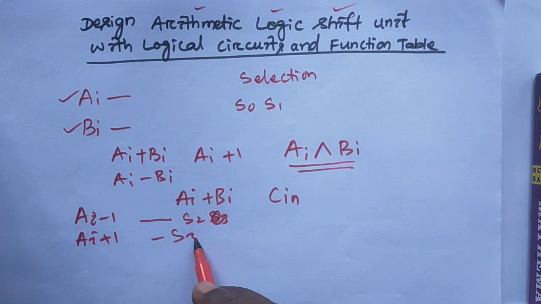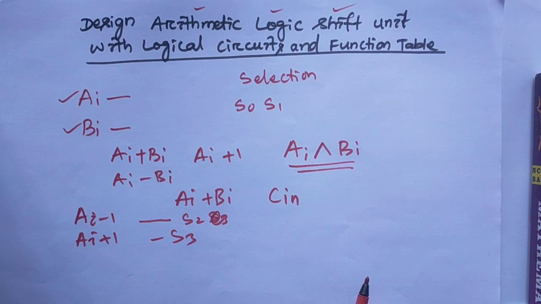We will see, whenever you design, how many selection variables you consider and what inputs we consider for arithmetic or logic. These are the inputs to design the arithmetic logic shift unit in a single stage logic circuit.